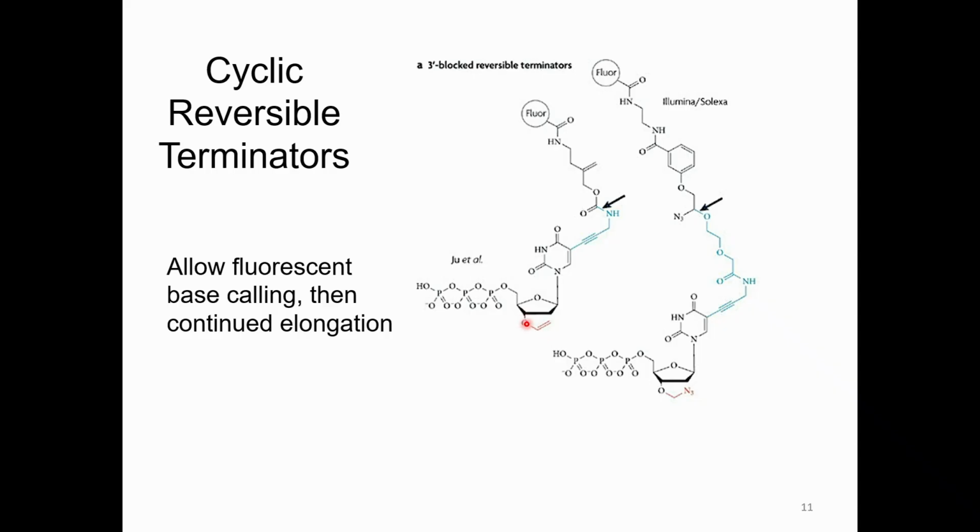So that's actually blocked, and first thing you do is you basically add this to the growing strand, and then you can see what base it was by the color of the fluor that's attached. So you need a combination of 4 different ones, each corresponding to each base, right? So this polymerizes, but it's blocked because there's interesting chemistry at the 3' region of the deoxyribose. And you can read what base it was based on the color.